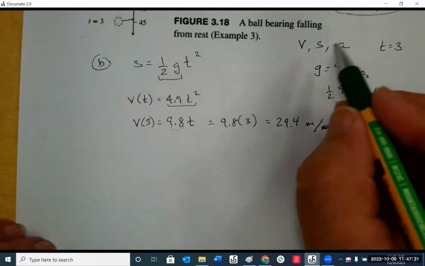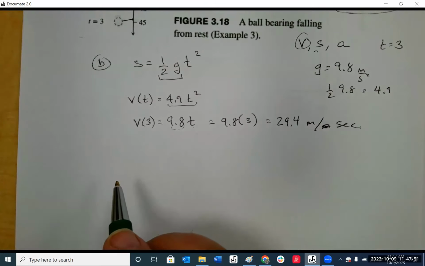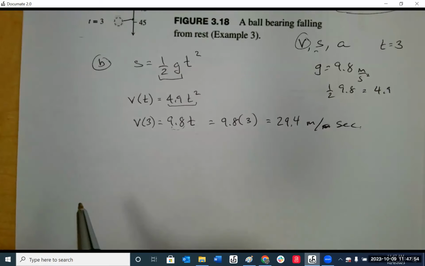Then what we're looking for? We have velocity. What's our speed? Distance divided by time, right? Speed is the difference in, what do you call that? The displacement. Okay, displacement.